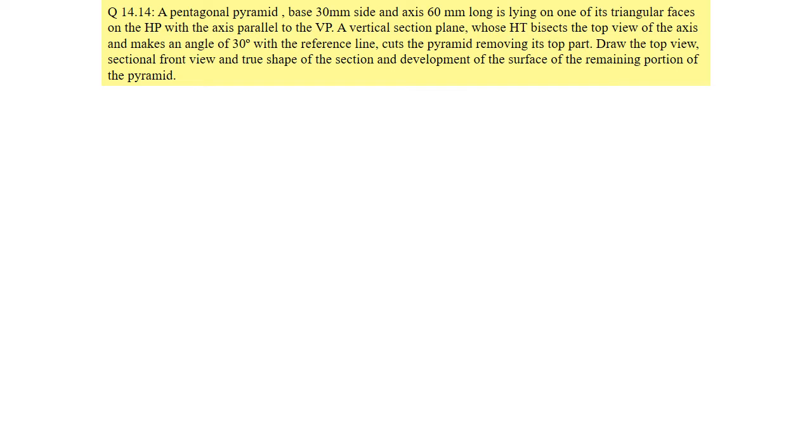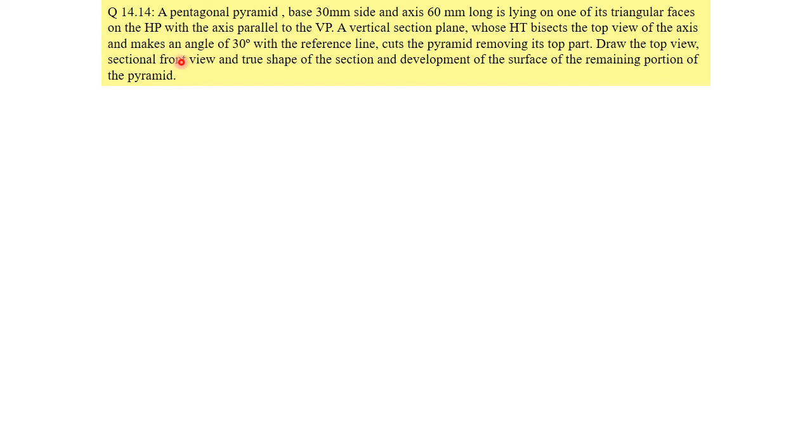The next question is: a pentagonal pyramid, base 30 mm side, height and axis 60 mm long, lying on one of its triangular faces on the horizontal plane with the axis parallel to the vertical plane.